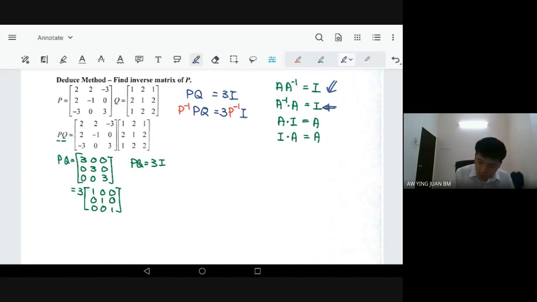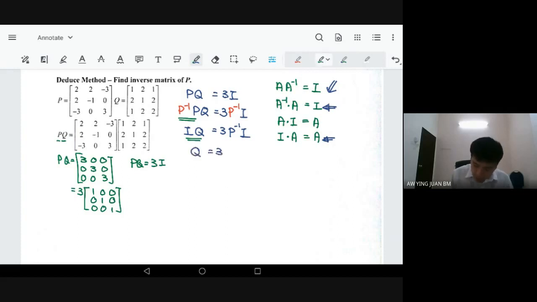The same goes for this part: P inverse multiplied with P, we will obtain I. So here we have IQ equals to 3P inverse I. Next, focus on this one: I multiplied with any matrix A, we will obtain the matrix A. Same for this part: I multiplied with Q, we will obtain Q, equals to 3.